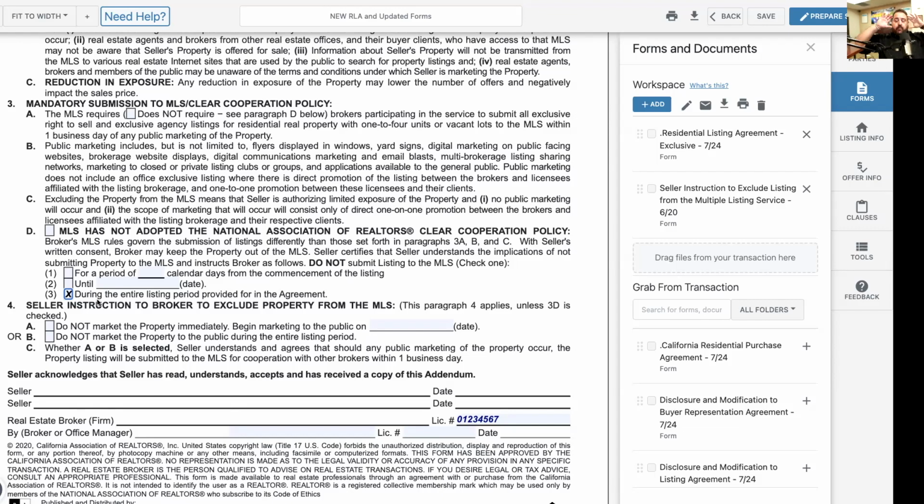So if your process is, I'm going to exclude the listing from the MLS to give myself an opportunity to find a buyer, you're only able to talk to potential buyers who have signed a disclosure regarding agency relationships with you.